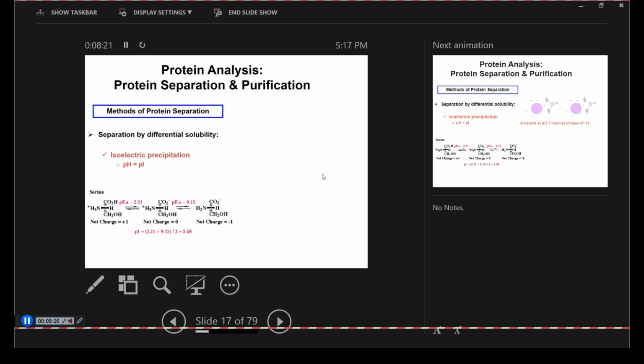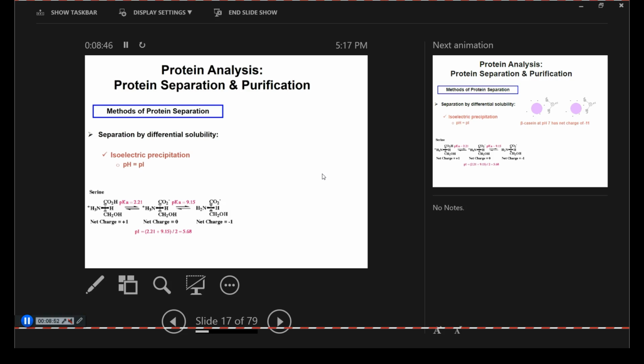So we can do alkaline solubilization. For pea flour specifically, we can solubilize pea flour at pH 7.5 or 8.